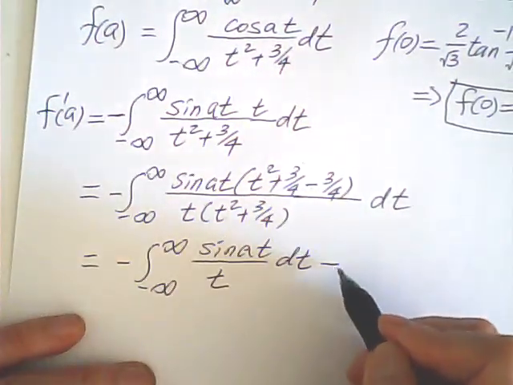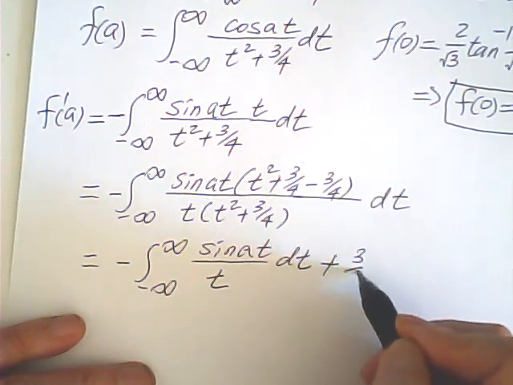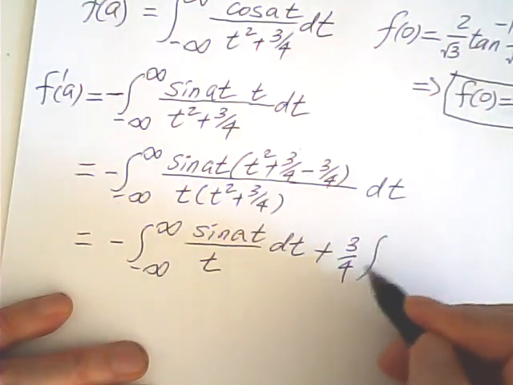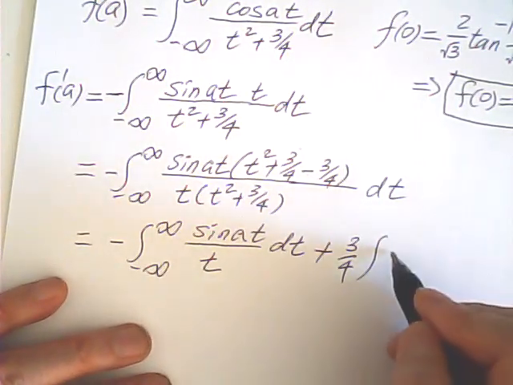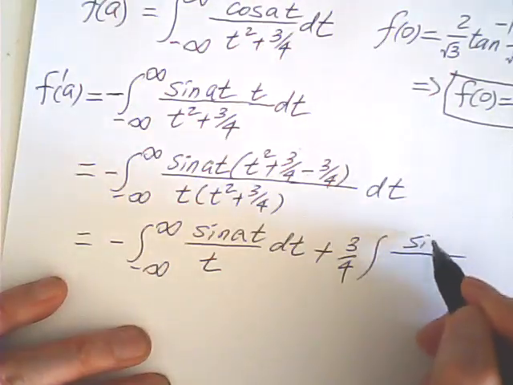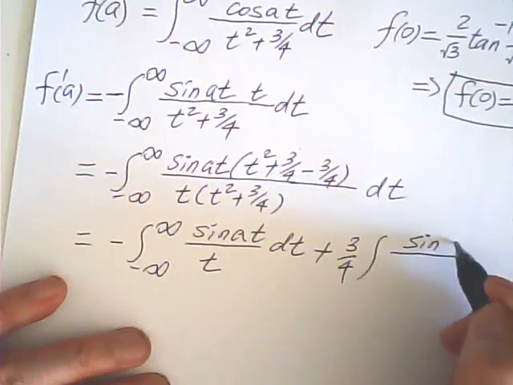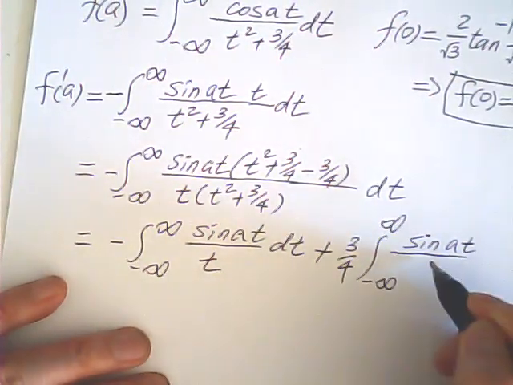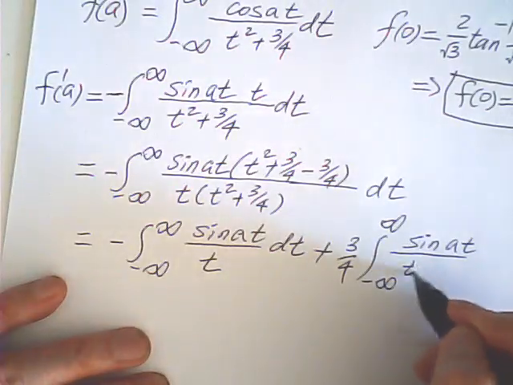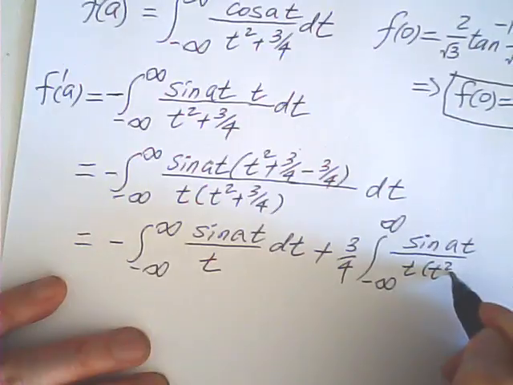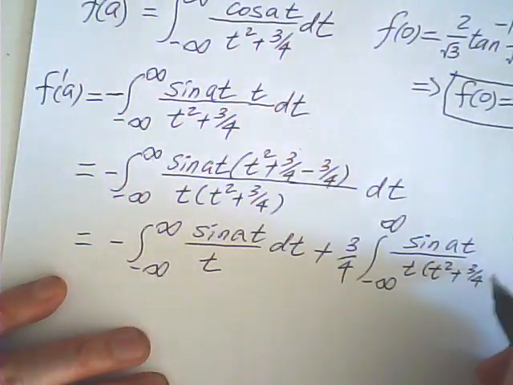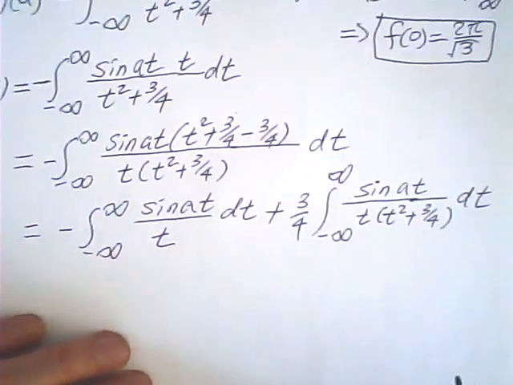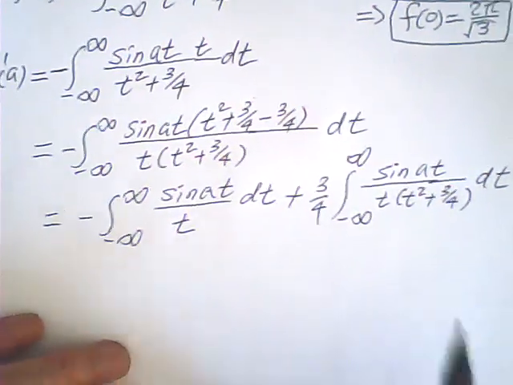The other one becomes plus 3/4 of the integral of sine at over t squared plus 3/4 dt, from minus infinity to positive infinity.